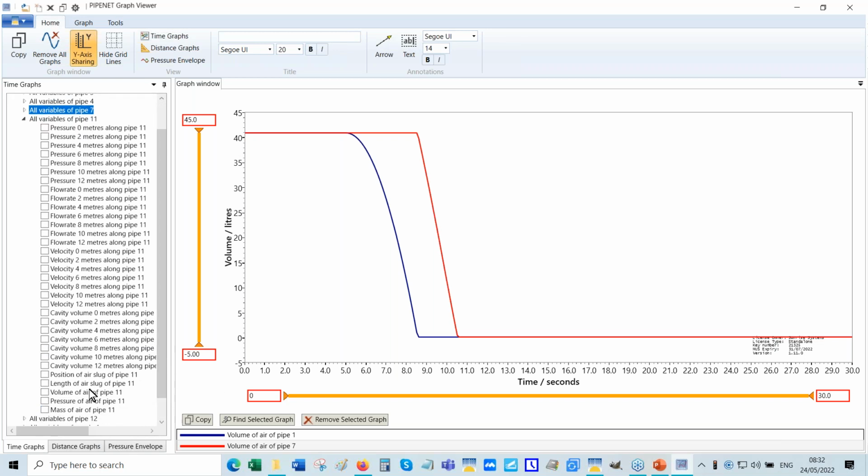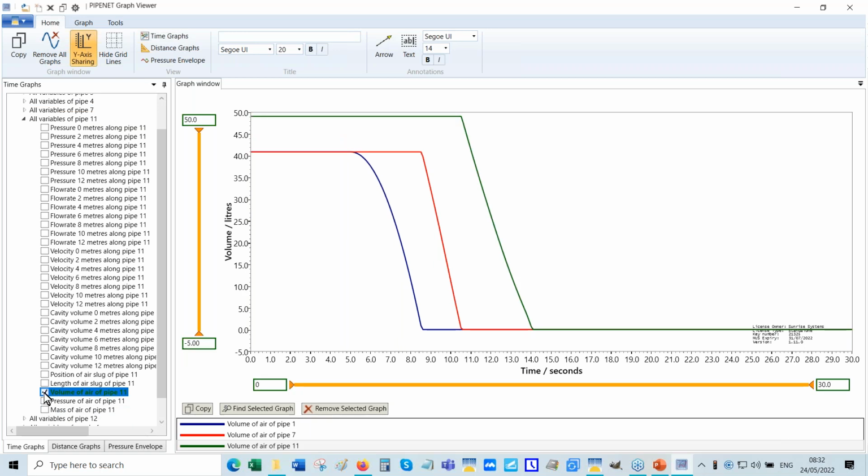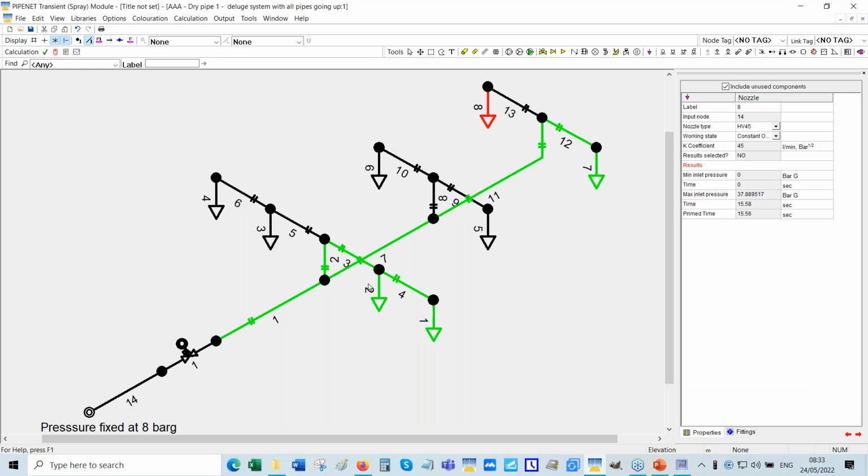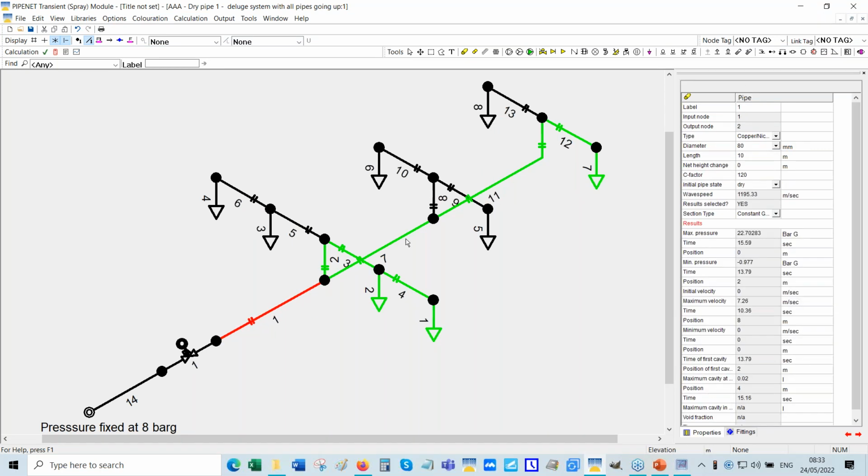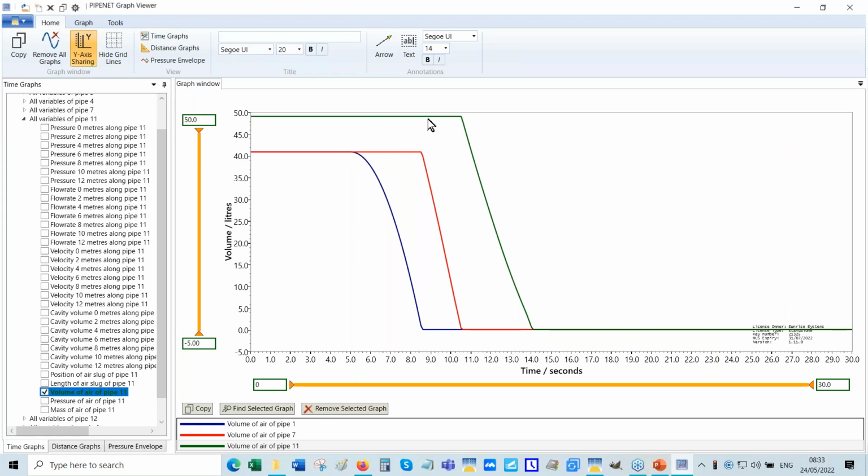Volume of air. You can see that pipe 7, I think it's probably slightly longer than the other pipes, so it has a bigger volume. See if you look at that, that's 10 meters long. That's 10. See, that's 12. So that's why initially the volume is higher, but it starts losing air when the second pipe is full of water.